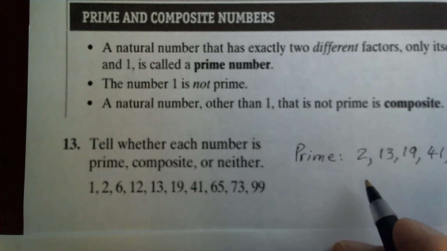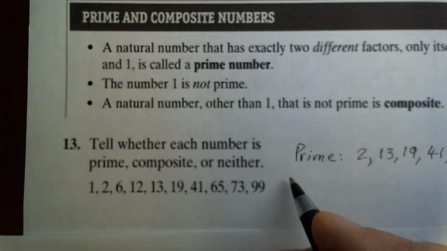And by the way, on page 89, in the upper right-hand corner, are the prime numbers from 2 to 97. So you can look it up.